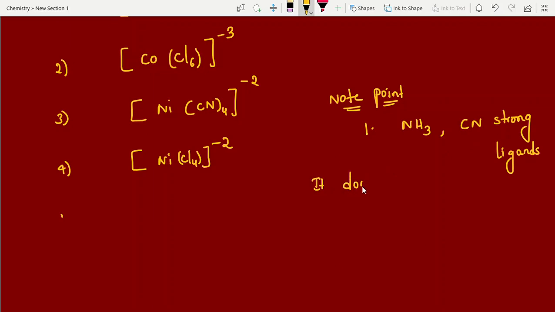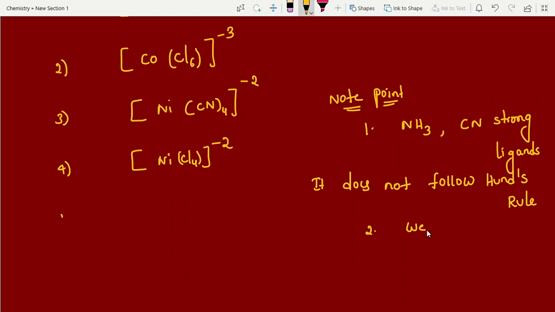They do not follow Hund's rule. We all know Hund's rule. What is Hund's rule? In degenerate orbitals, electrons fill first, then pairing will start. But here it is not following, meaning instead of filling, pairing will start.